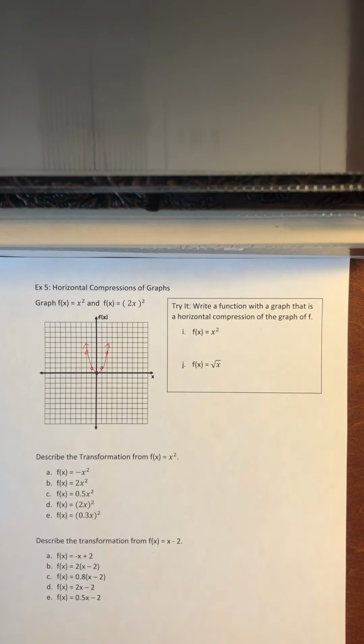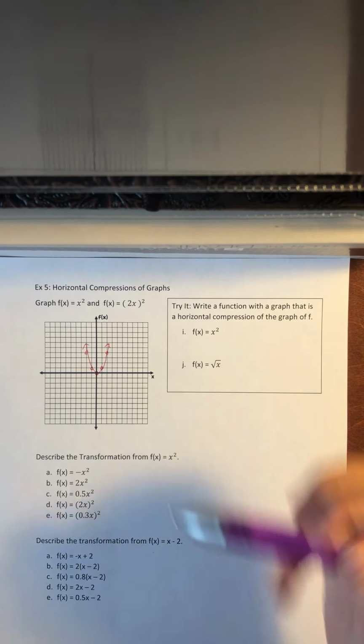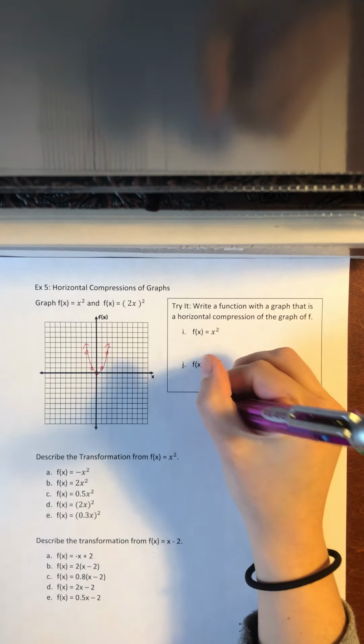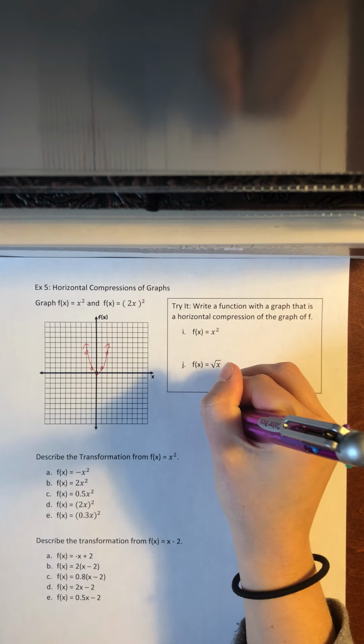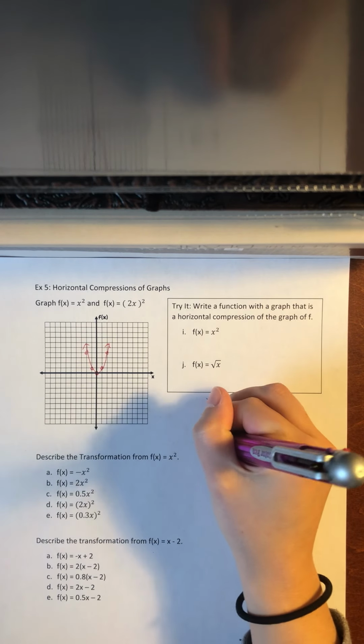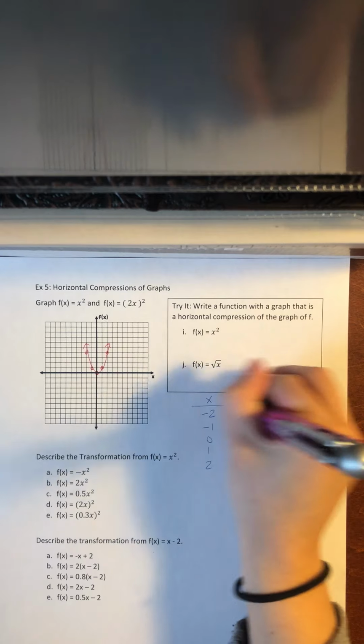I'm going to make a table of values to graph this other function here. So we're going to go x, y, -2, -1, 0, 1, 2.